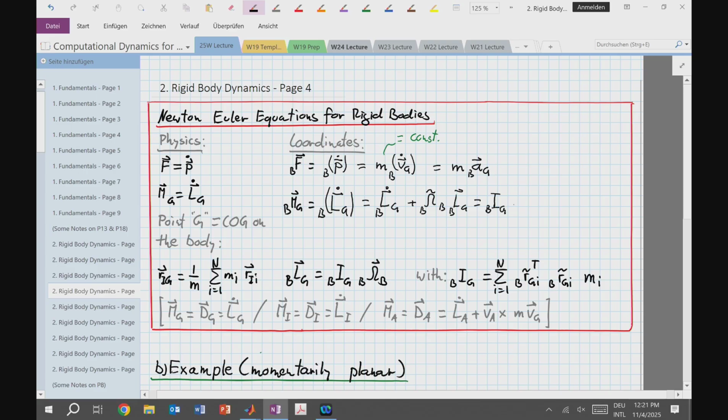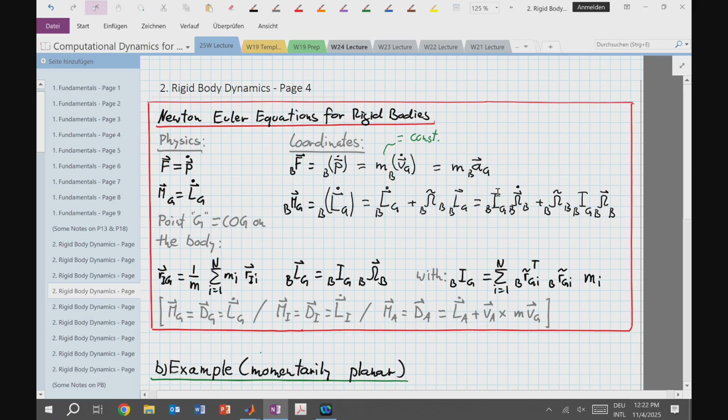What we got was inertia matrix times angular acceleration plus what came from the transport theorem, which is basically the cross product of angular velocity and angular momentum. And the angular momentum I write as I times omega b.